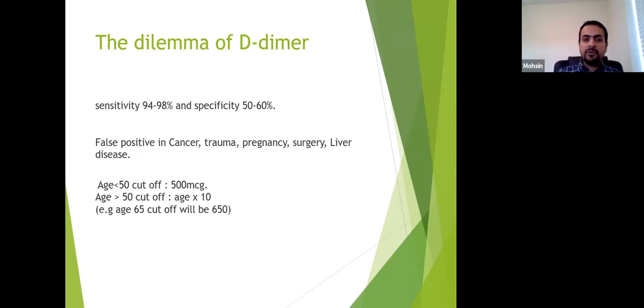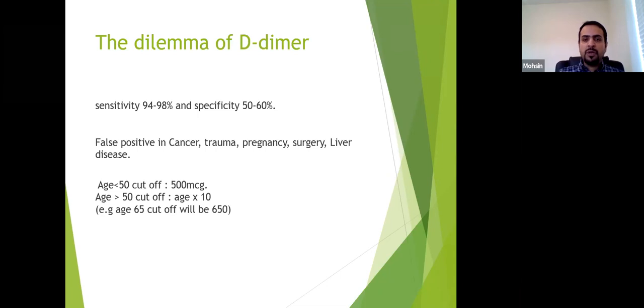It can be positive due to anything. So if you order a D-dimer, you should have enough evidence. Either your PERC rule is not negative, it's scoring something on the PERC rule, or you have moderate risk on Wells criteria. Only then should you go for a D-dimer.